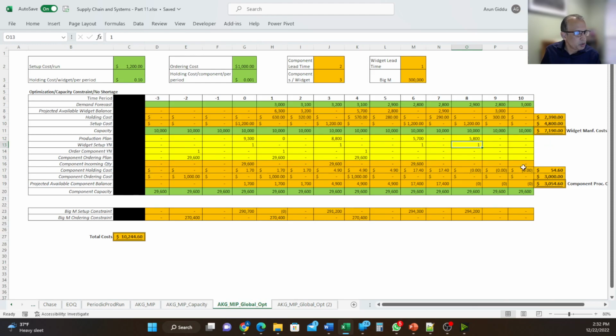So when it tried to minimize the total cost, it increased the cost of manufacturing. And this is an important point, which I will talk about in a bit more.